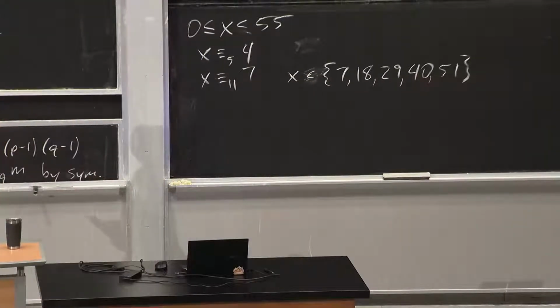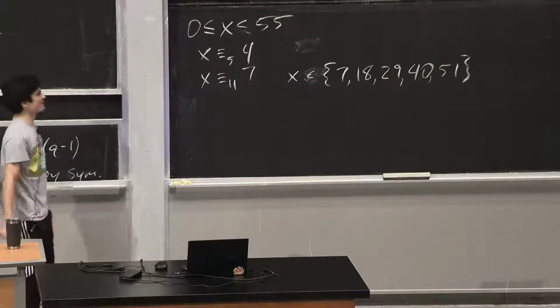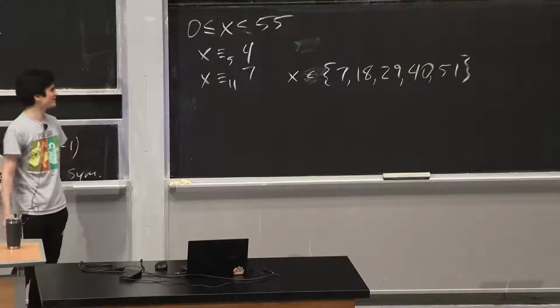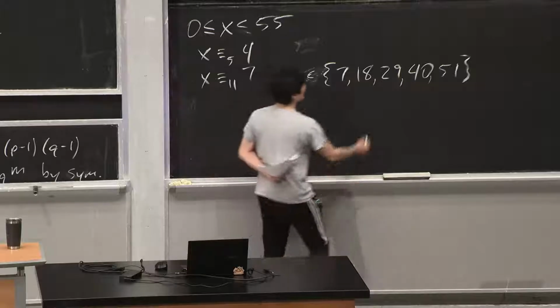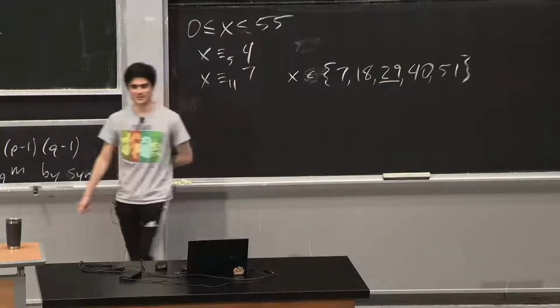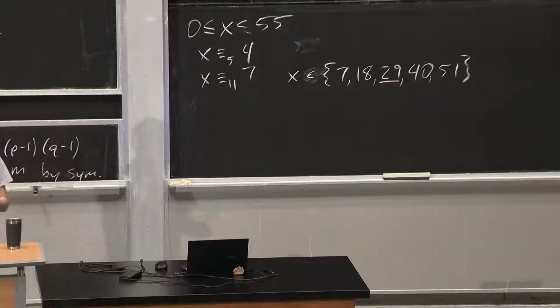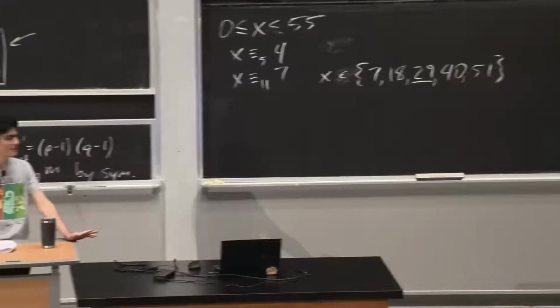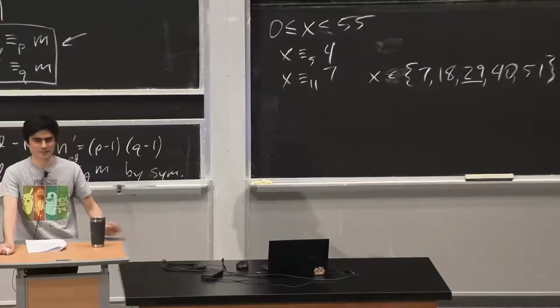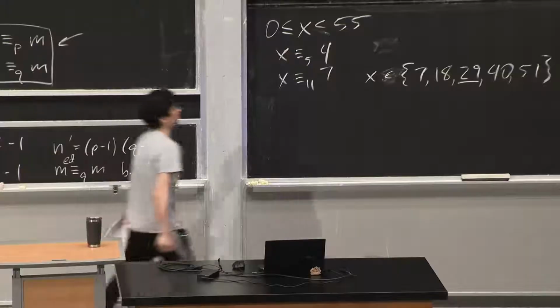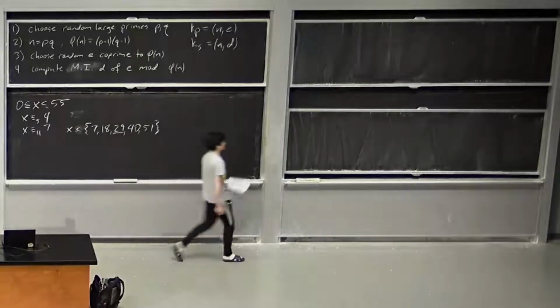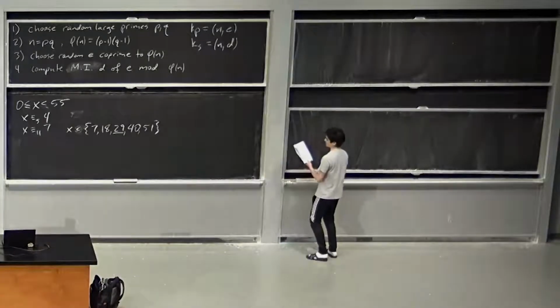Okay. Now we only have to check 5 numbers to see which is congruent to 4 modulo 5. And if we look at them, 29 is the only one that works. Okay? So it turns out that there's a unique answer, modulo 55. Okay? And we can actually do this in general, and in fact even more efficiently.